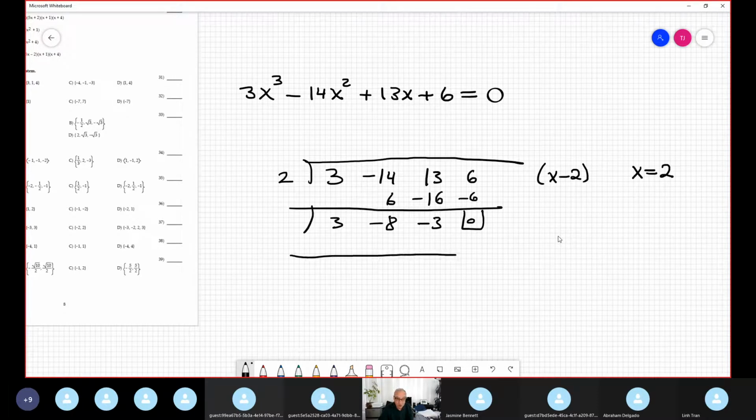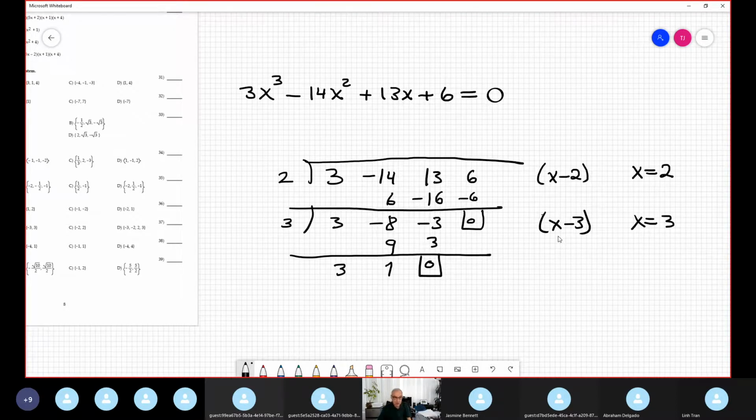Okay, now one more. Easy, not 1/3. 1/3 is horrible. Not horrible, but it's not good. Let me try positive 3. Bring down 3, 3 times 3 is 9. It's a 1, and 1 times 3 is 3. Wow, fantastic. The factor x minus 3 belongs to the polynomial, which is equivalent to saying the zero is located at positive 3.